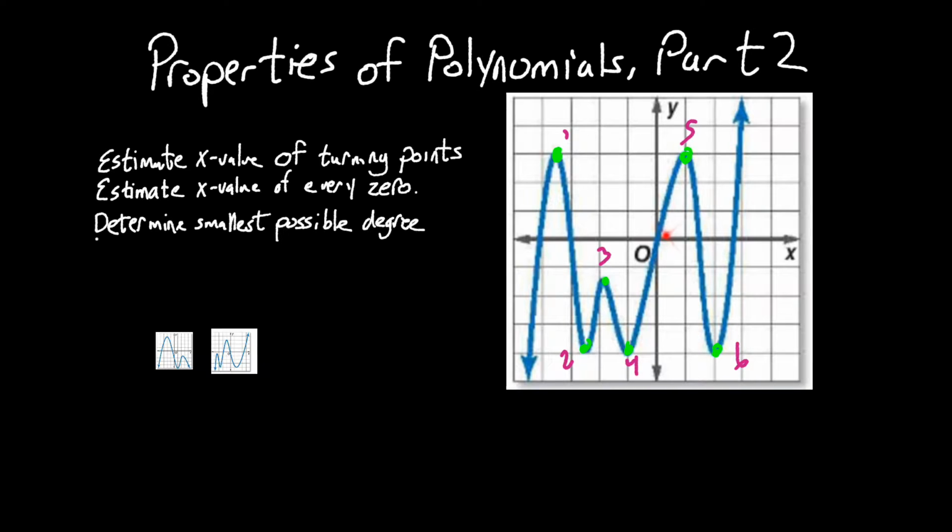If I'm going on the x-axis, I go -1, -2, -3, and then this one looks like it's between 3 and 4 somewhere. Now we can't get too precise because we don't know exactly where it is, so that's why we're estimating. And I would say turning point 1 is at about -3.5. So I'll say -3.5 for 1. Now we'll go to number 2. That's down here, and it looks like it's between -2 and -3.